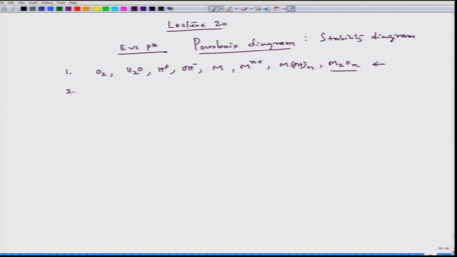Second part, we would consider reactions, and those reactions can be categorized into 4 major reaction stages. One reaction of course, we will not plot, but it indirectly affects the pH of the system, and that will not be plotted in the Pourbaix diagram.